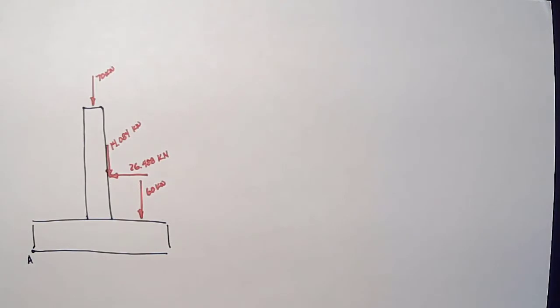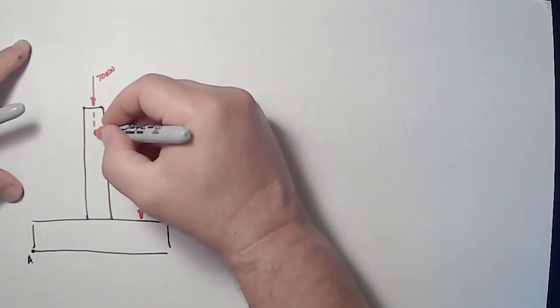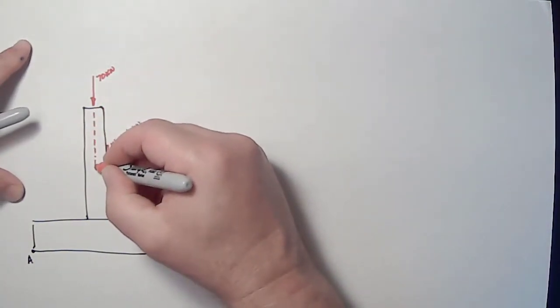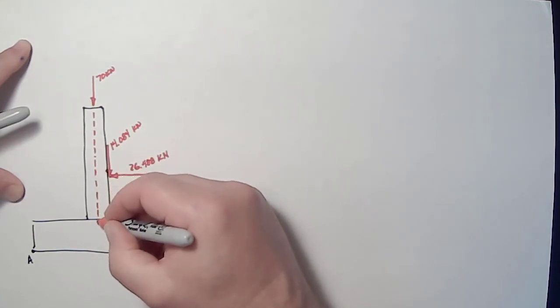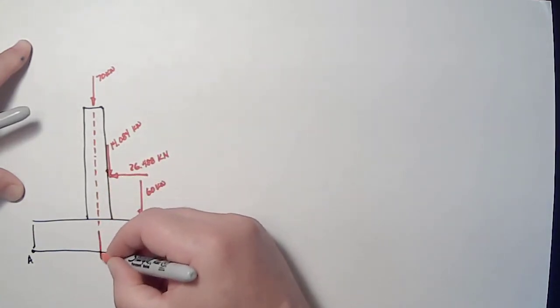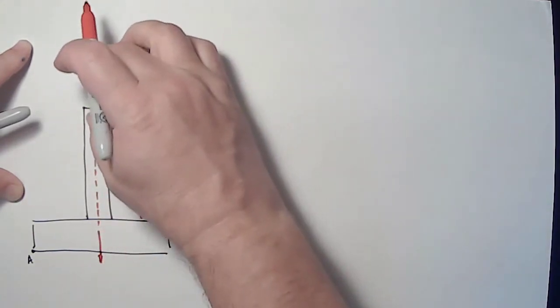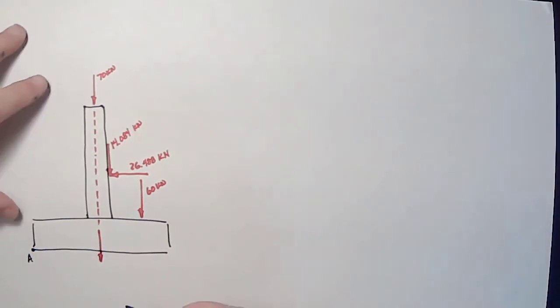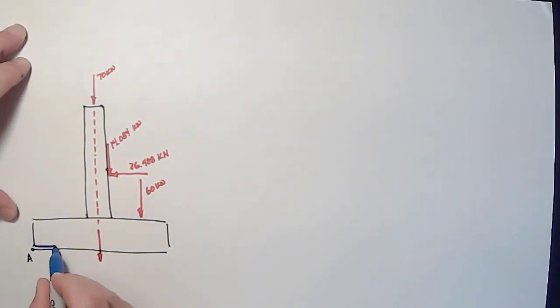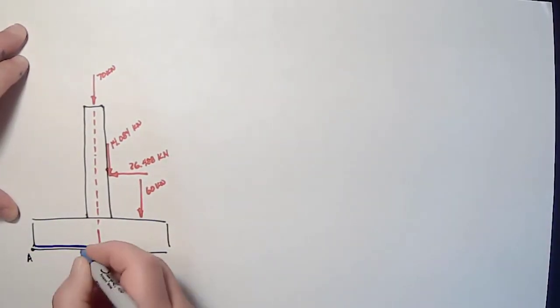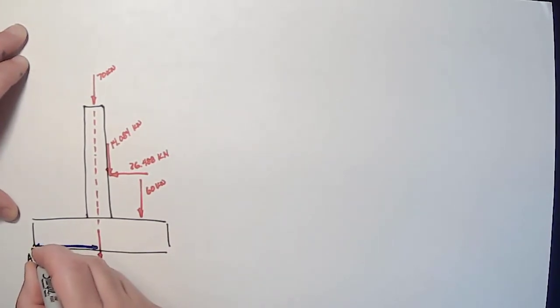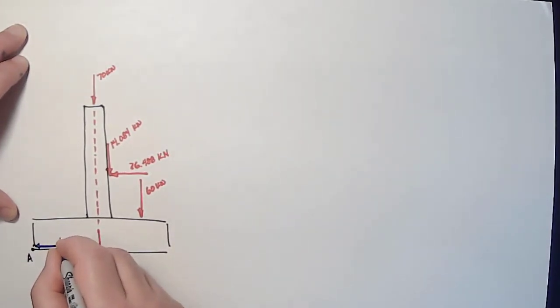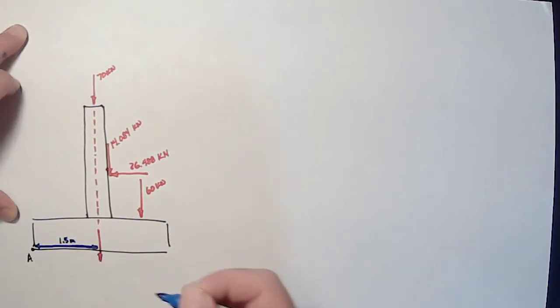If I extend the 70 kilonewton line of force, it's the same as sliding that 70 kilonewton force until it is perpendicular to point A. Then from the problem statement, I know that distance is 1.5 meters.